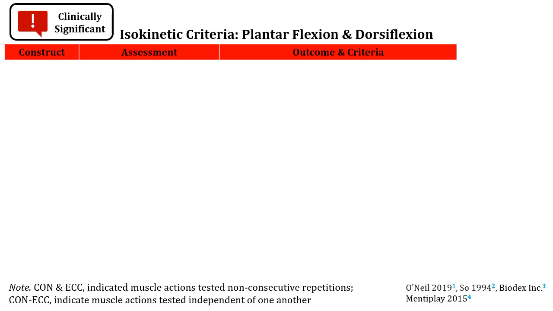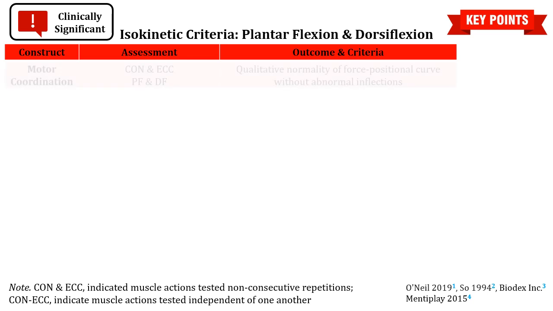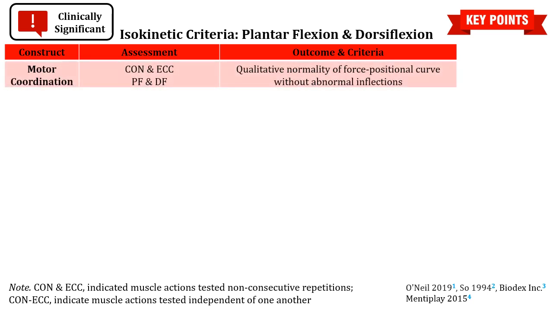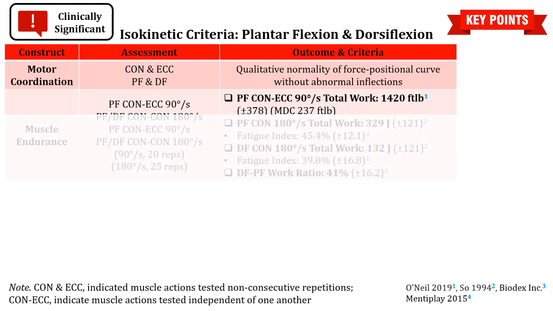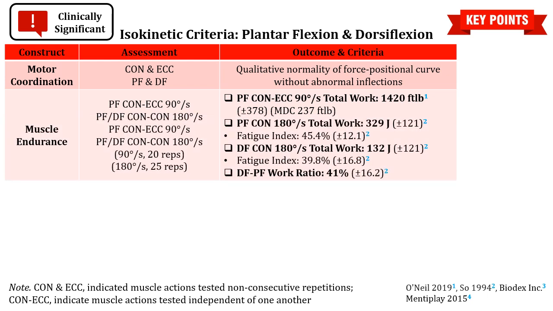Okay, so see the key summary slide for your isokinetic criteria. So you're looking for your motor coordination, that is the quality of the force positional curve. For your muscle endurance, I've provided normative values that you can look at in your own time. It's part of the handout with the normal total work at the different degrees.